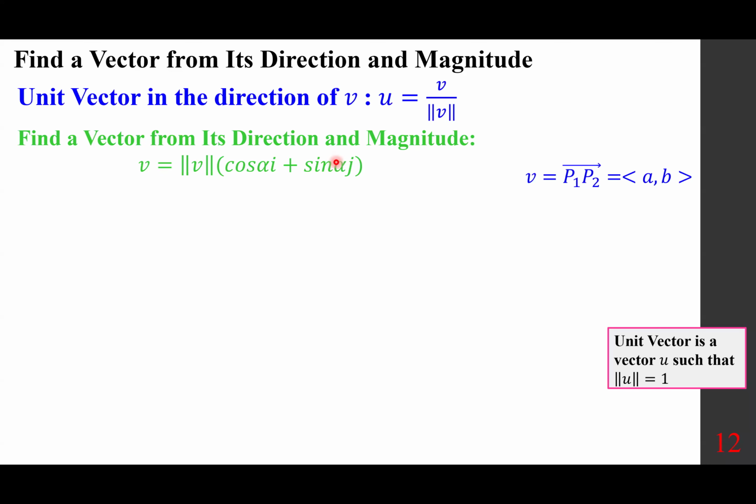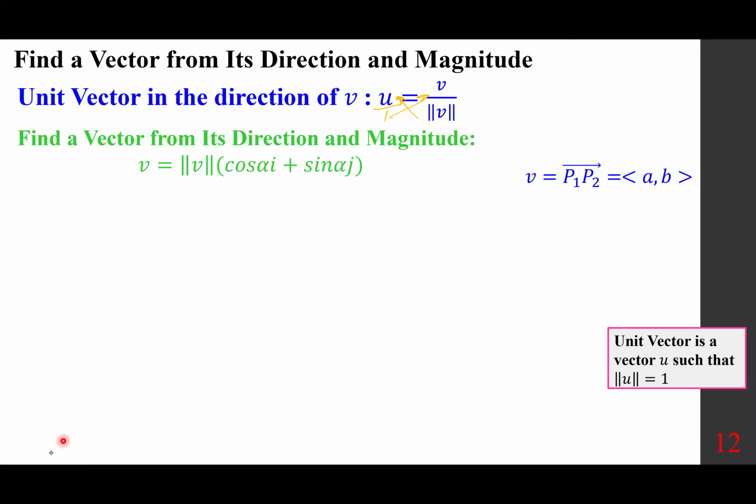So in that case, v would be the product of these two: the magnitude times the unit vector. The unit vector is cosine alpha i plus sine alpha j. This is the unit vector. Why? Because cosine squared plus sine squared is 1.